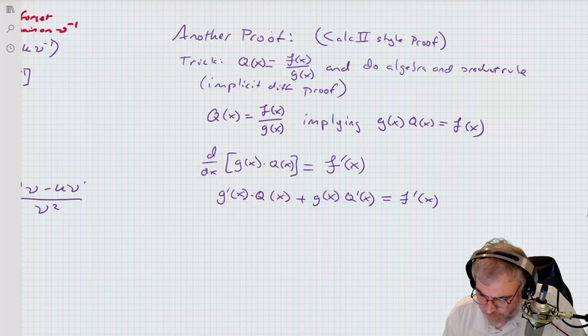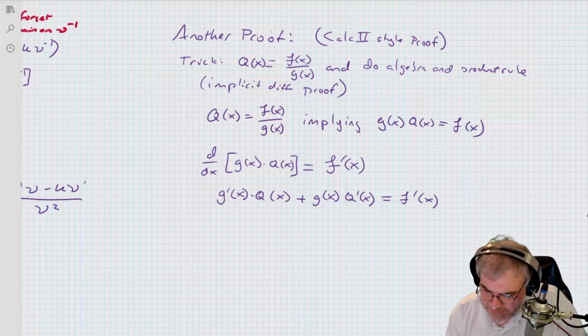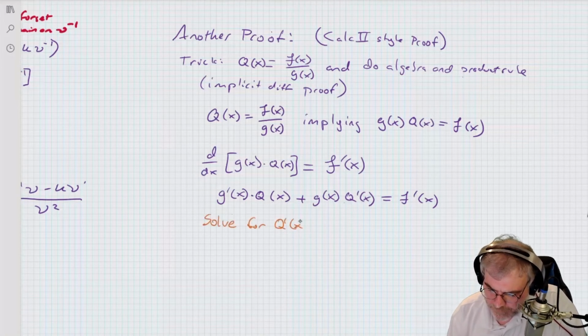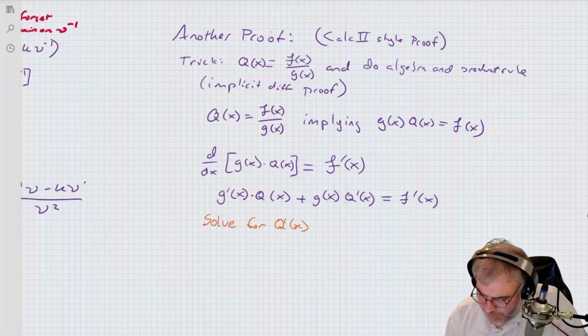So now I'm going to solve for Q prime of X. And what I'm going to get is the following. Here's F prime. I'm going to get rid of this first.